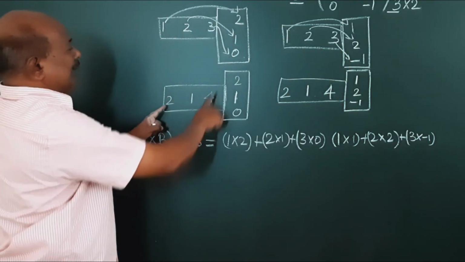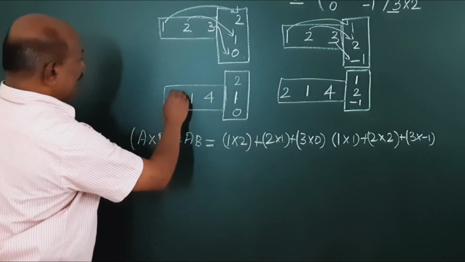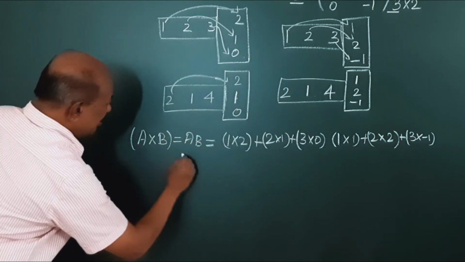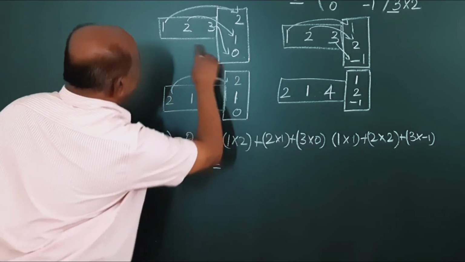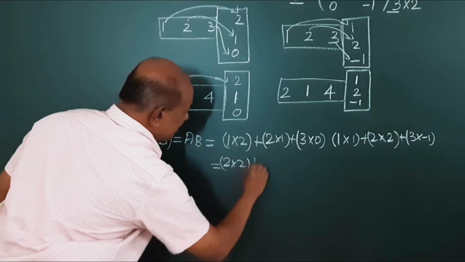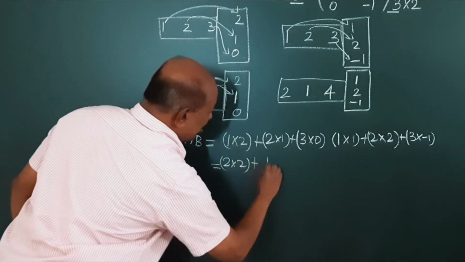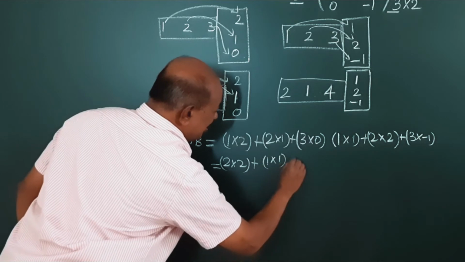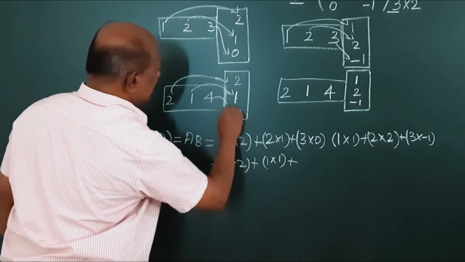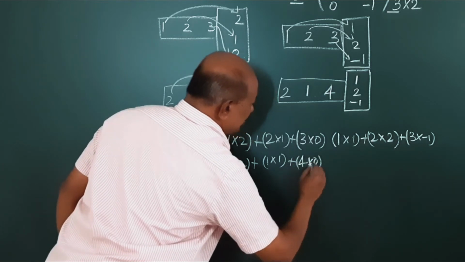Like that, second row with the first column: 2 into 2 plus 1 into 1 plus 4 into 0.